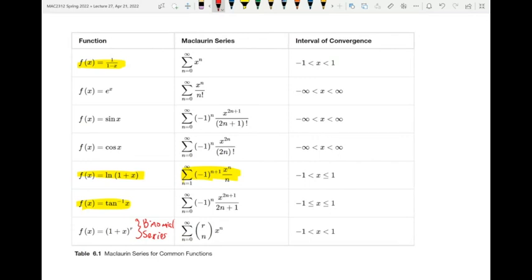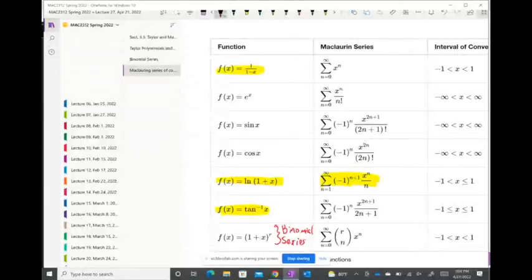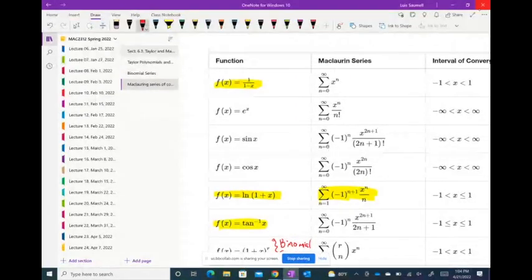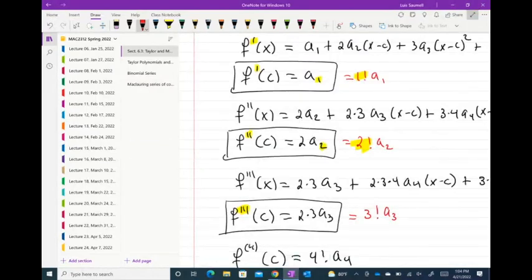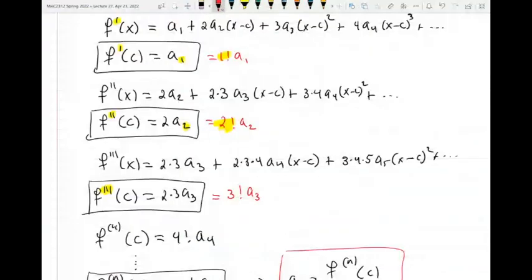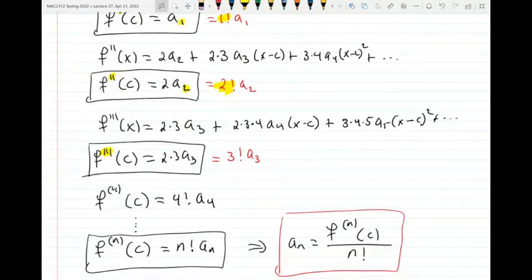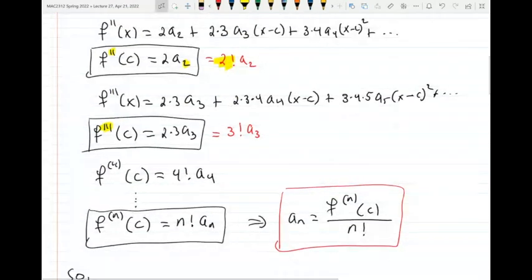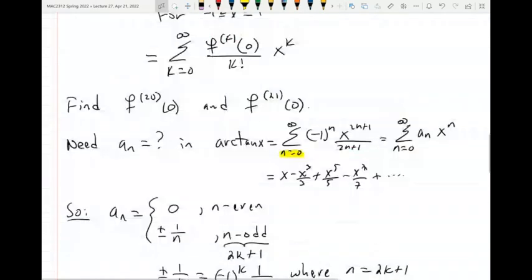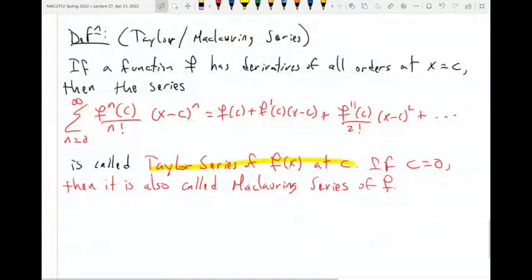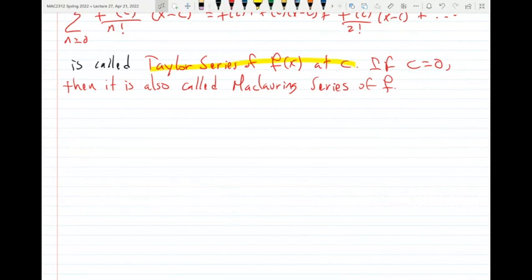Now, since we already know these things, let's figure out the Taylor series or Maclaurin series for exponential, sine, and cosine. Okay? So let's find those. All right. So let's see. Before I do that, let me actually, yeah, this is a good place to do it. So, example.